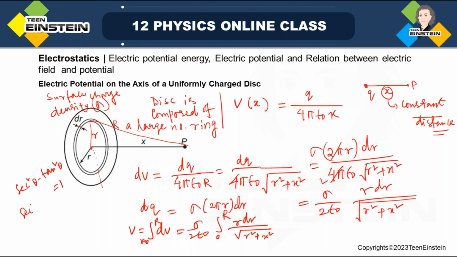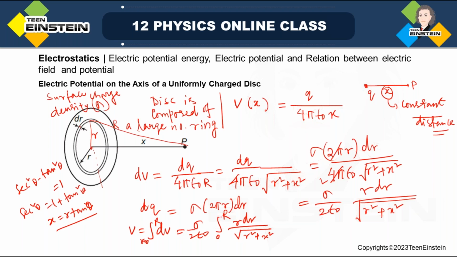That means sec square theta is equal to 1 plus tan square theta. So you could take x is equal to r tan theta, and then you can just do this integration.